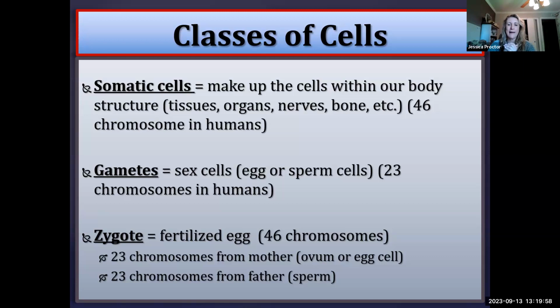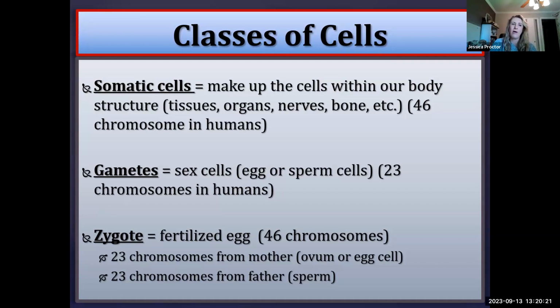Okay, so once the sperm cell and the egg cell combine and they are fertilized, they become a zygote. Quite literally, genetically speaking, every single one of us is 50% mom, 50% dad. Now, of course, some genes are dominant over others, and some genotypes are influenced by the environment.